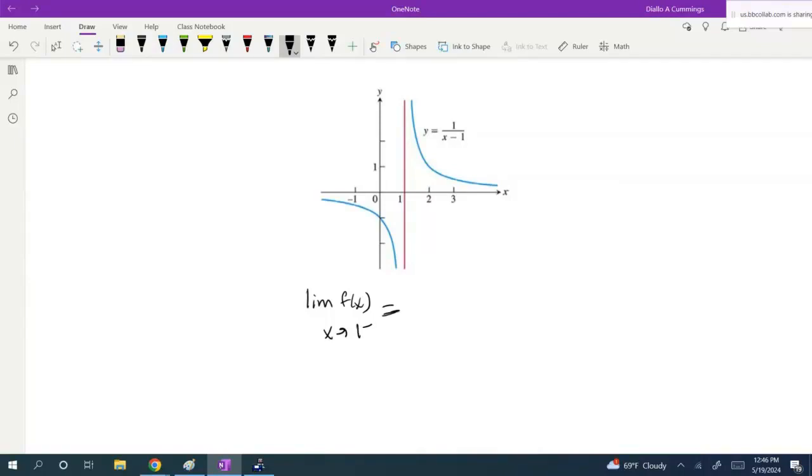All right, so as we approach 1 from the left, notice what happens. There's not an actual value, but you'll notice as you approach 1 from the left, the graph is tending toward negative infinity, right? Because it gets smaller and smaller and smaller. This red line is actually an asymptote.